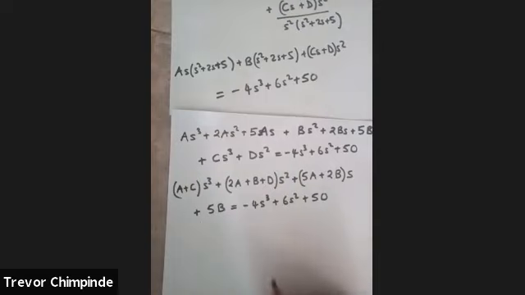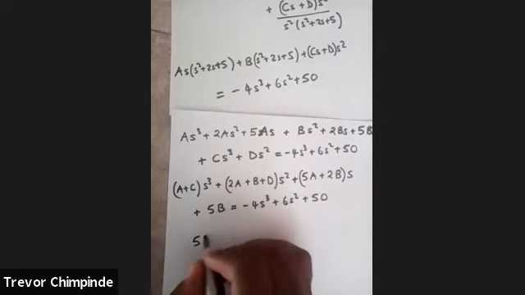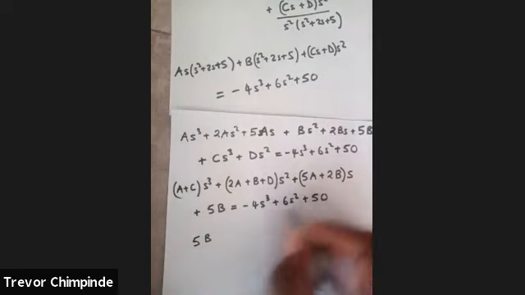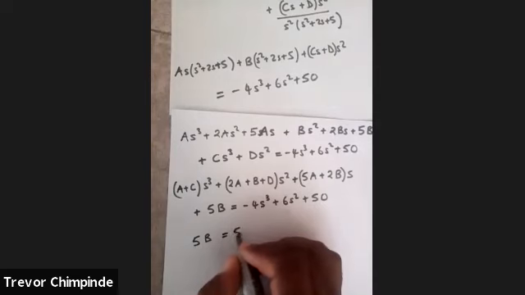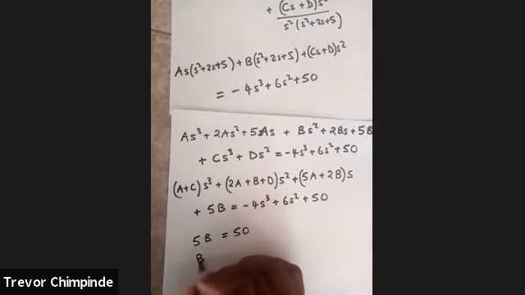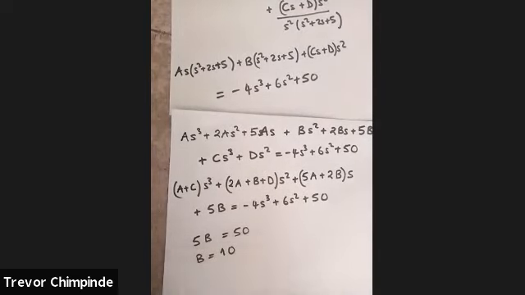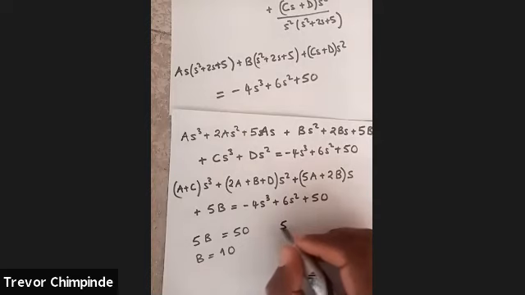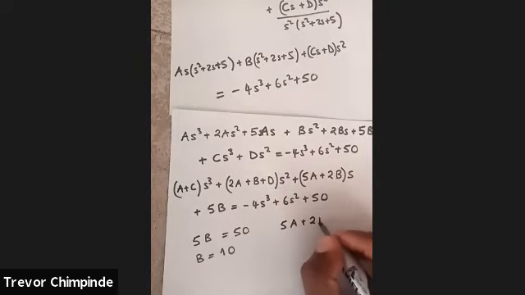So it's just a matter of now comparing coefficients. So we start with the constant. On the left, the constant is 5B, and on the right, the constant is 50. So this is equal to 50, meaning that your B is equal to 10. So we're done with our B. Let's go to the coefficient of s. The coefficient of s on the left-hand side is 5A plus 2B.